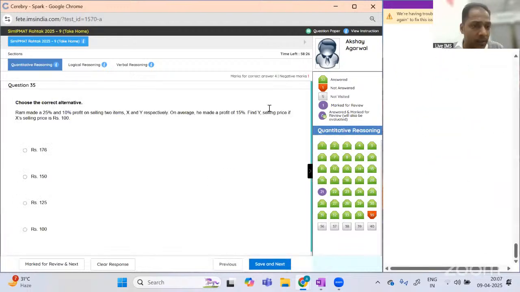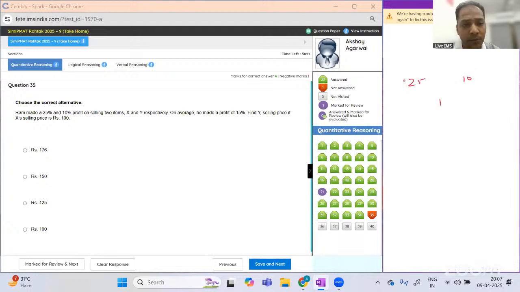Ram made 25% and 10% profit on sale, a profit of 15%. 25 and 10, okay, so the average of 25 and 10 is coming out to be 15. It means 10 is to 5, 2 is to 1. The cost prices are in the ratio 1 is to 2.